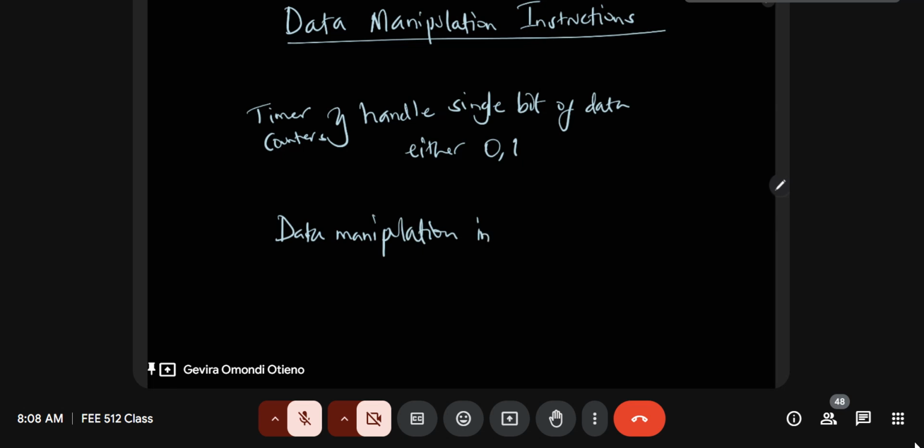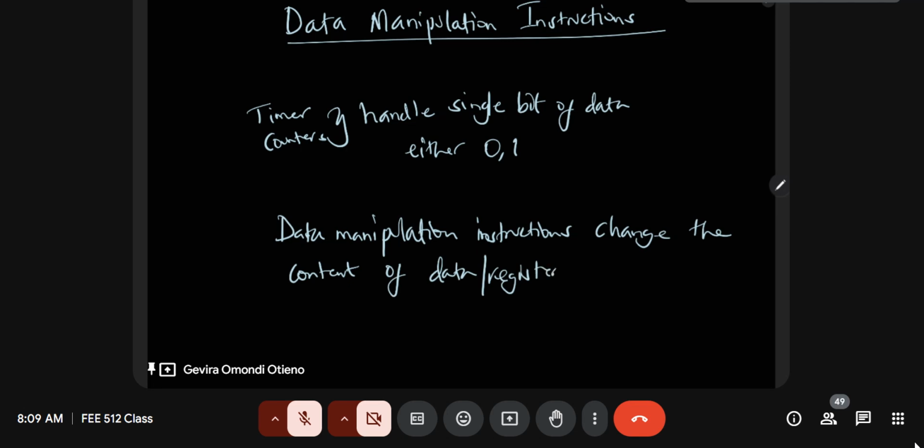So here, this is the solution to handling blocks of data operations. These are instructions that change the content of data or the register. And we know that the register is basically the memory. Registers are just memory locations.